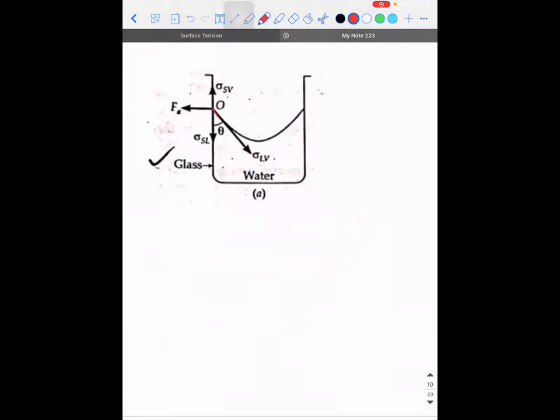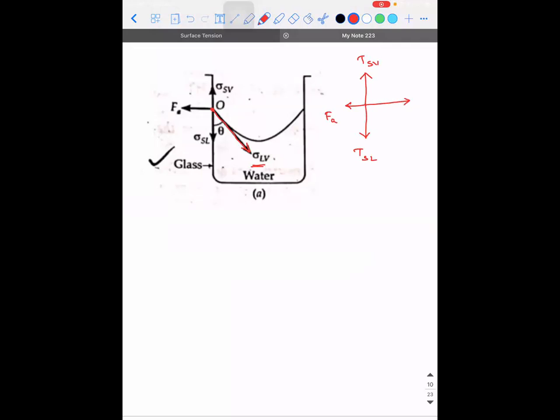What can I do to this surface? If you observe, on point O, there is a force acting in the upward direction, which is TSV. There is a force acting to the left, which is FA. There is a force acting in the downward direction, which is TSL. And TLV can be resolved into two components.